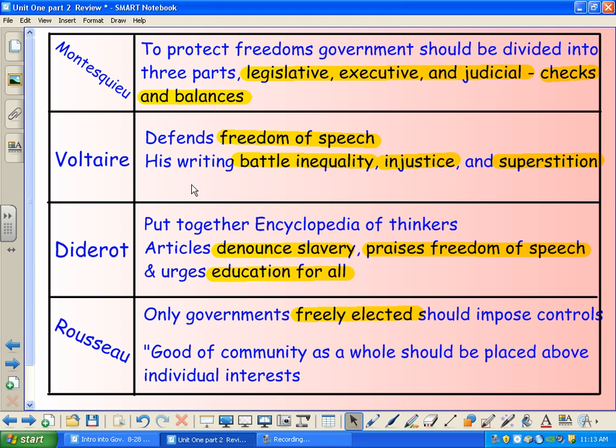For example, Rousseau, I'll say something like this. Rousseau believed governments that were able to impose control should only be those that were what? Freely elected. And so look at these so that you are able to identify and explain the important parts of this if I ask questions about them. And I will. I shouldn't say if. I will be asking questions about this.